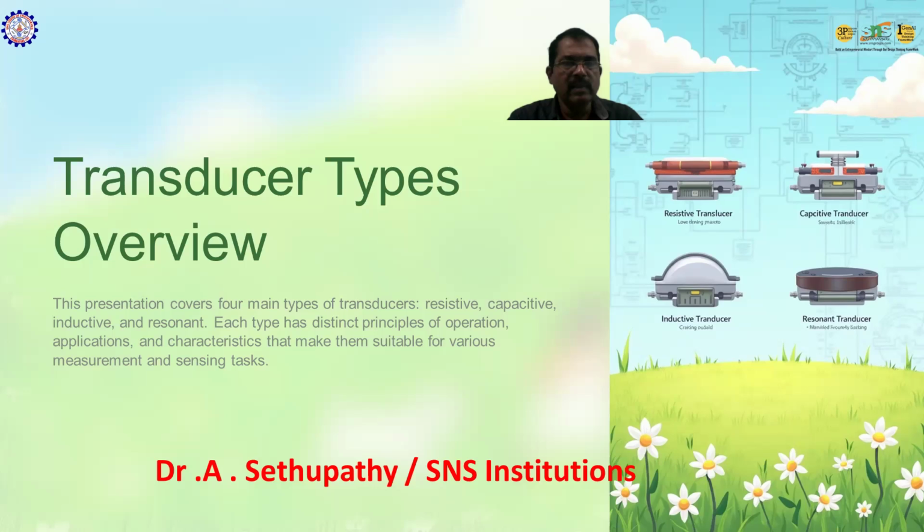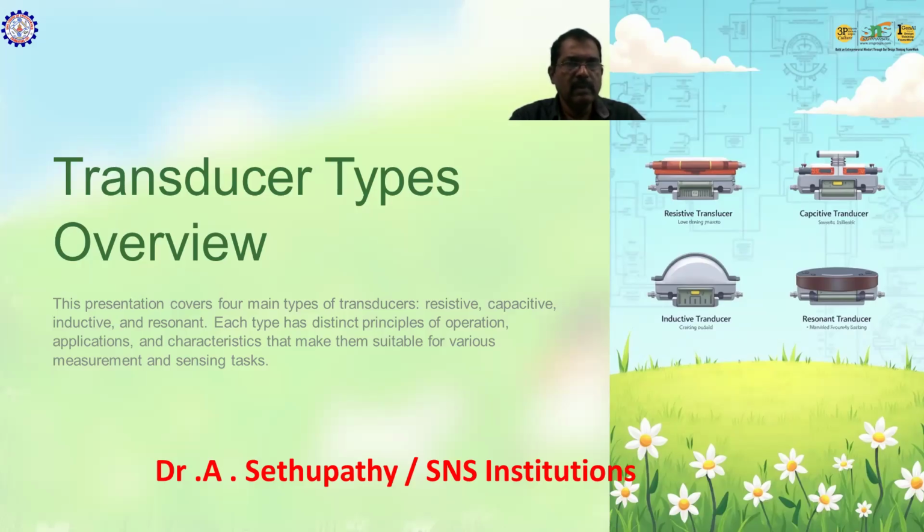For example, we use a thermometer, a heat sensor, that converts thermal heat into degrees Celsius or degrees Fahrenheit. The atmospheric temperature is sensed by the sensor and converted into a temperature reading. Similarly, we use sensors in so many devices.